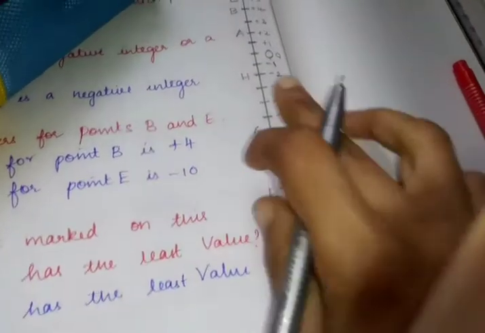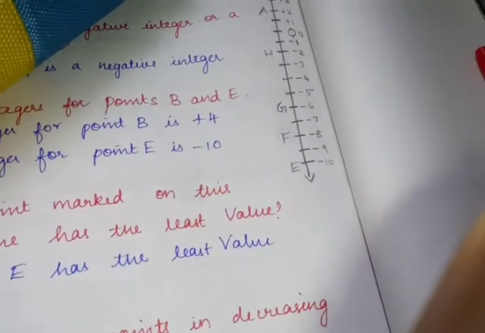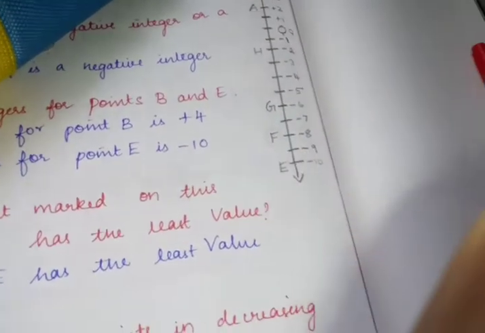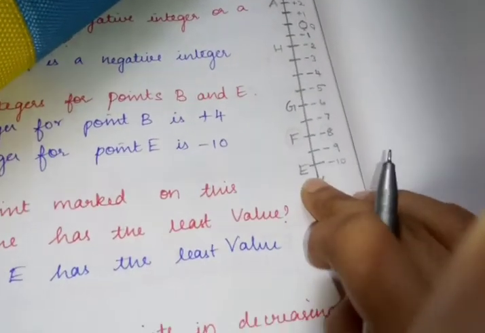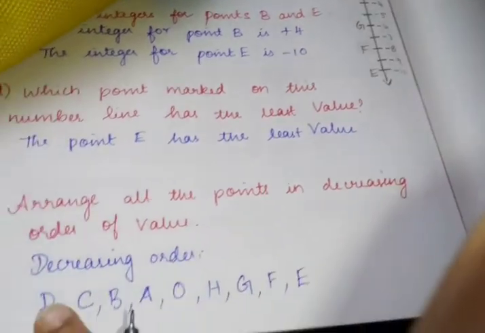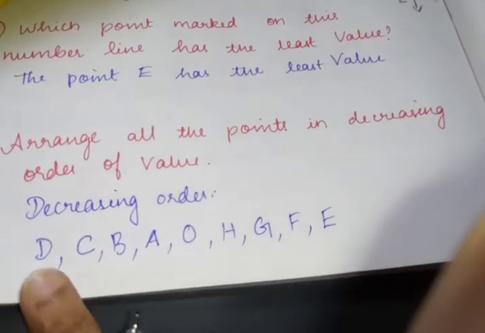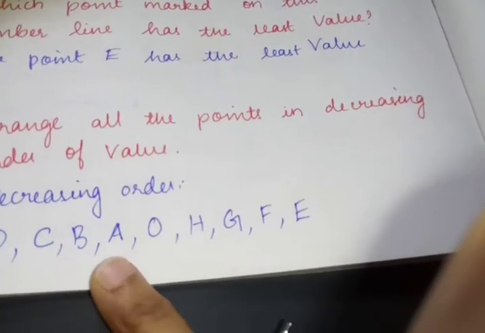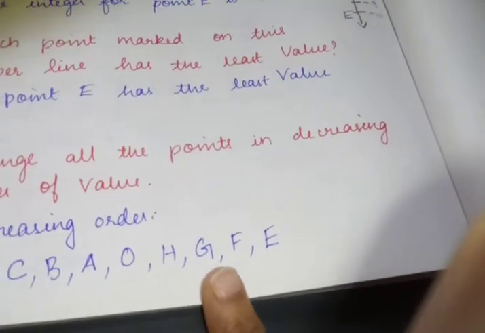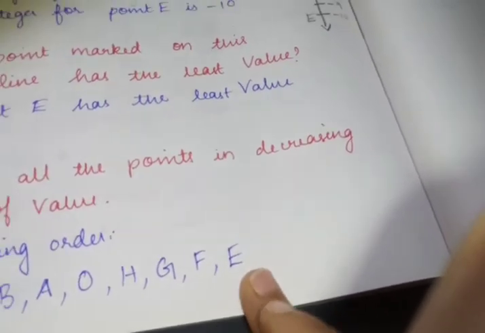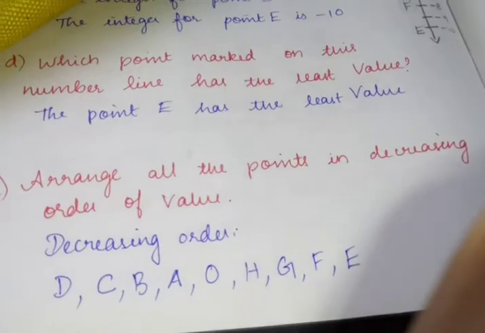Then H. Then G. Then F. Then E. So this is your decreasing order: D, C, B, A, O, H, G, F, E. So this is your decreasing or descending order.